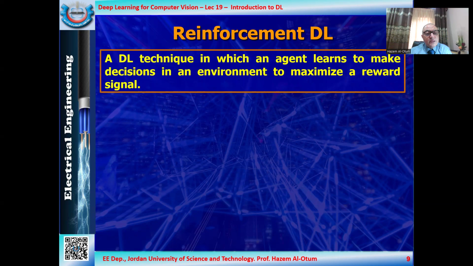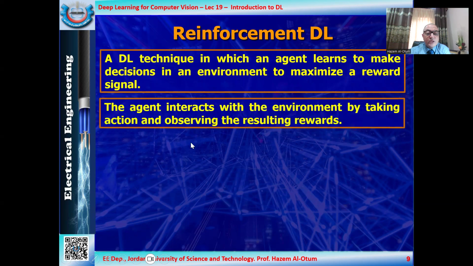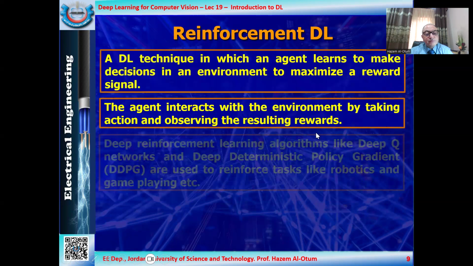The same thing is true for deep learning as well as for machine learning. Now the agent interacts with the environment by taking action and observing resulting rewards. This slide is similar to what was discussed and explained in case of machine learning. We just replaced ML by DL. Of course, there's a difference because here we have deeper networks, more calculations, and better performance.